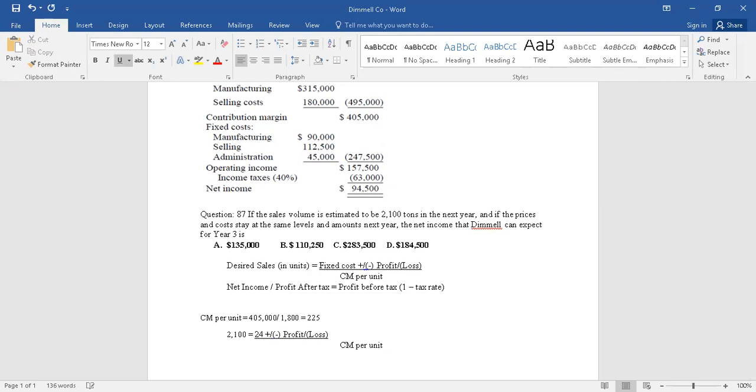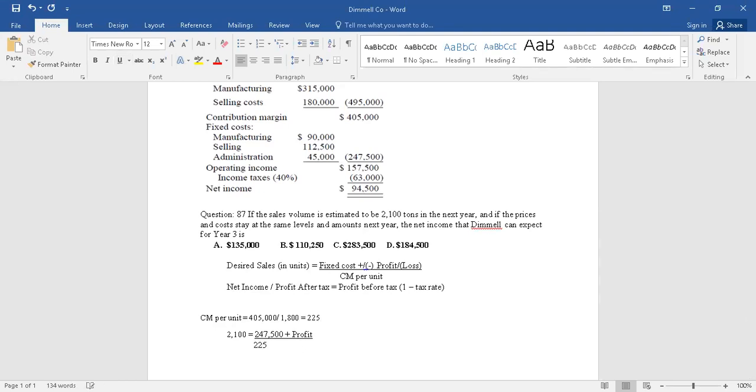247,500. Then the profit is what we are trying to find out, so that's the missing figure. And the contribution margin per unit, as we have just calculated, is 225.